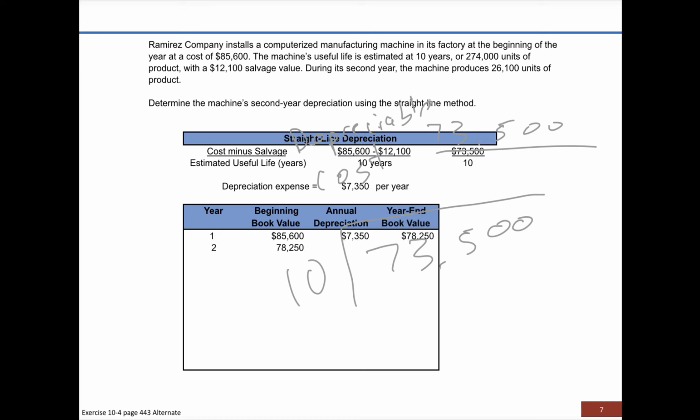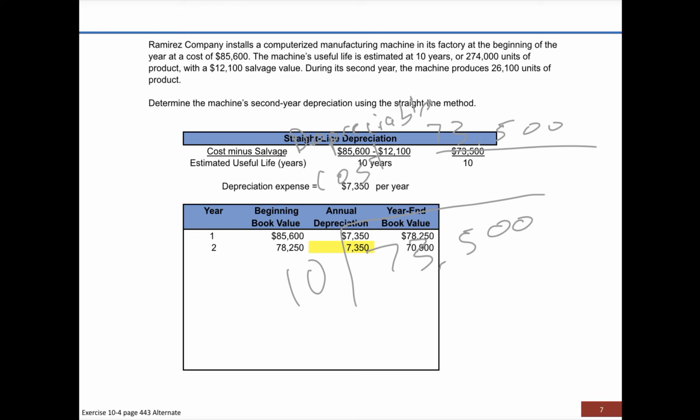This chart that it's putting up at the end here is just walking you through these numbers laid out here. Of course, since the question was what was the second year depreciation, you don't really need to put it out in a chart like that to figure that out. On some of the other methods, like double declining balance, that might be more helpful.